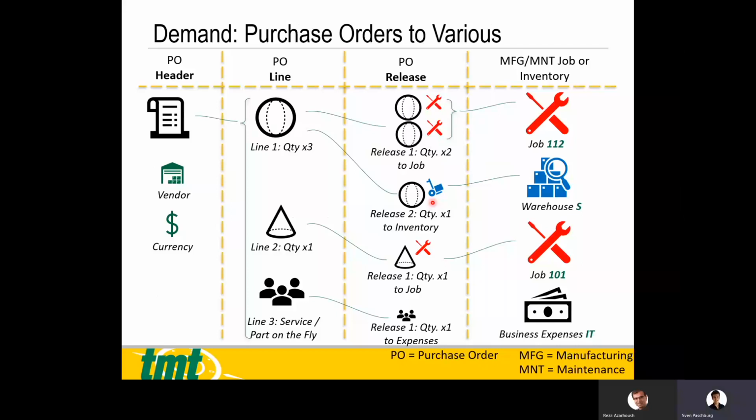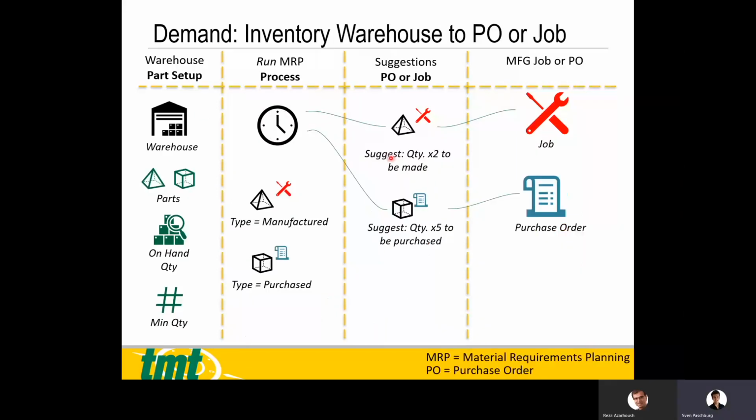So this is the scenario that I was just alluding to of the case where you might set min-max quantities, right? So this is the case where an inventory warehouse then demands something to a purchase order or to a job. So on the warehouse, you have certain parts which might be on hand within the warehouse. There's a certain on-hand quantity, and you might set on the part setup a minimum quantity required.